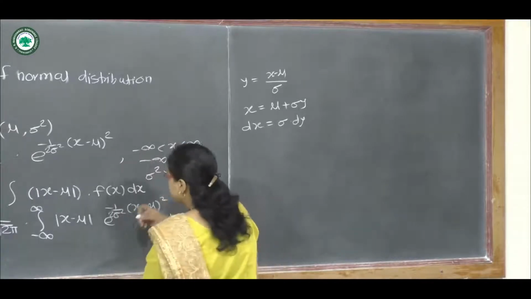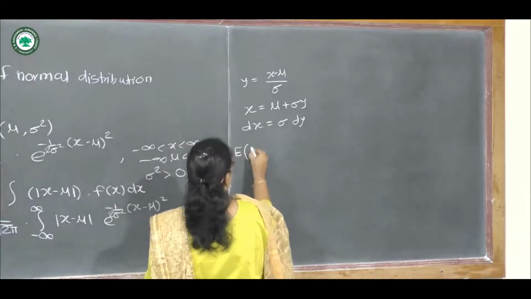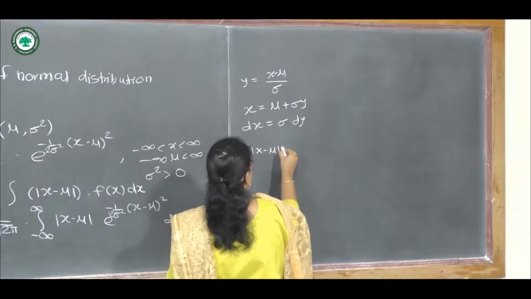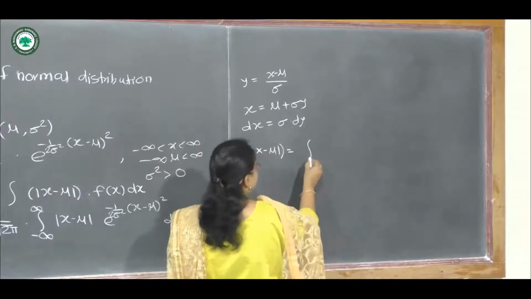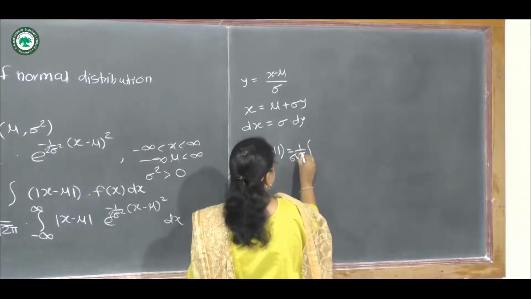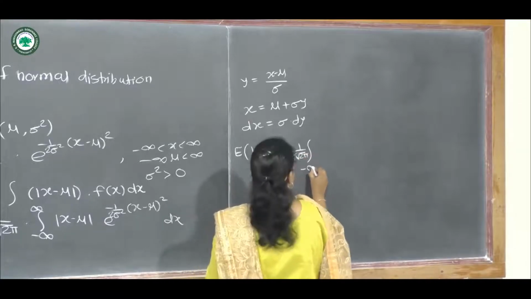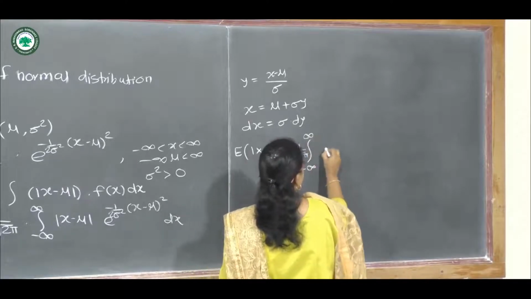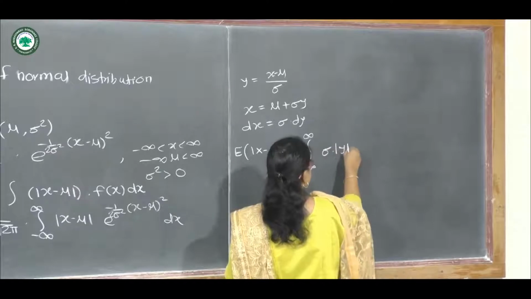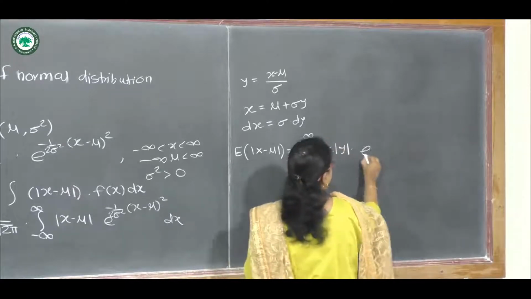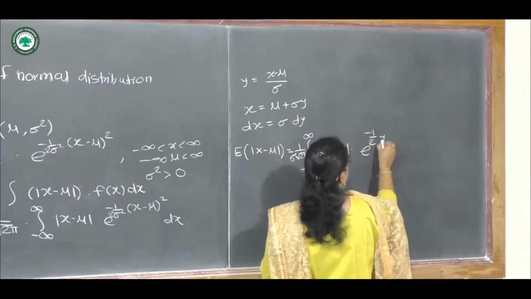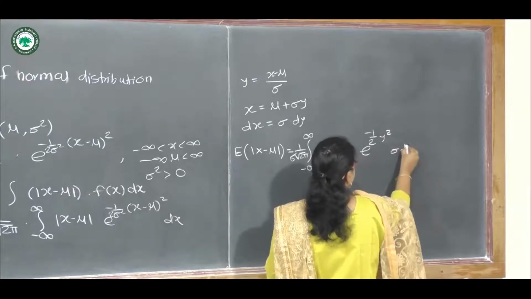So let's put all these values here. We will get mean deviation, so here sigma into mod of y into e raised to minus 1 upon 2 y square sigma dy.